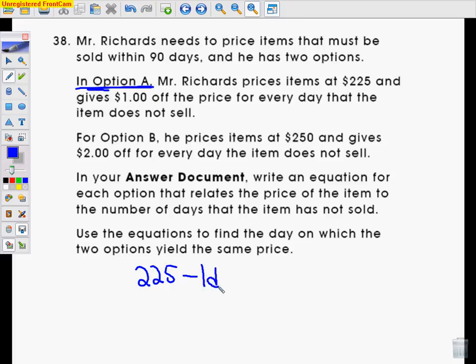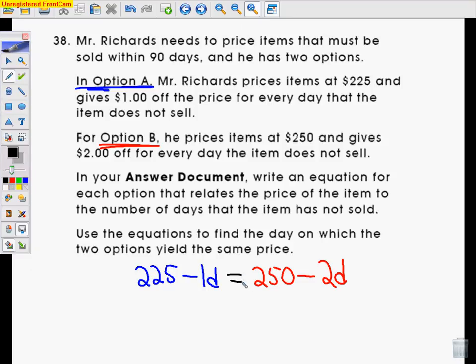All right. In option B, we're starting off at $250, and we're taking off, so that's subtraction, $2 every day. And we want to know when those options are going to be equal to each other.